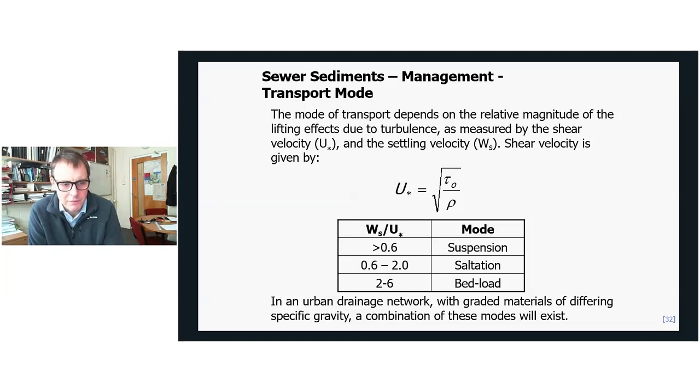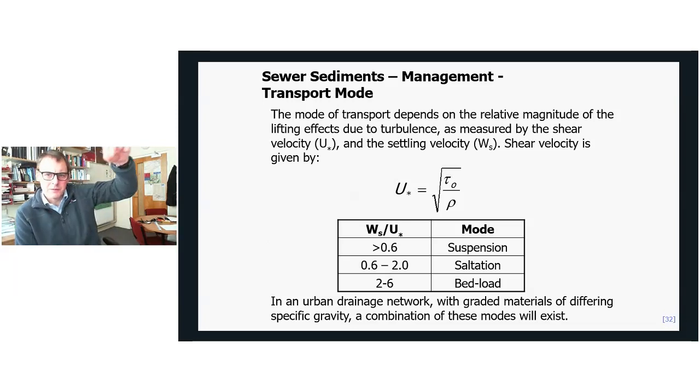Shear velocity is given by, so the settling velocity is, there's lots of different ways of doing these tests, but it's basically you've got your sediment particle in a column of water and you drop it. I've got my pen here. You drop it through the column of water, and it's basically how quickly it moves through the column of water.